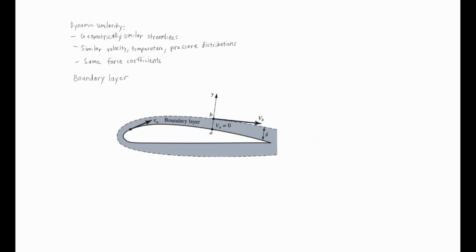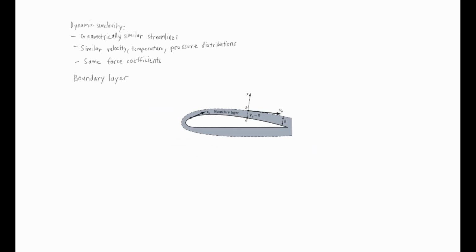A boundary layer is essentially a thin viscous layer of a fluid in a flow immediately adjacent to the body. As you can see, this basically describes the velocity gradient seen in the formula for shear stress.